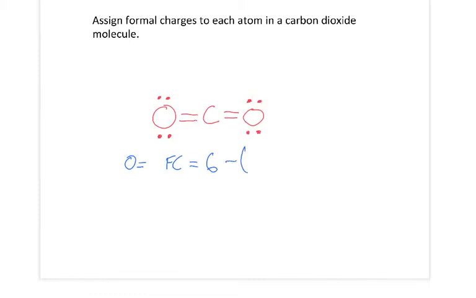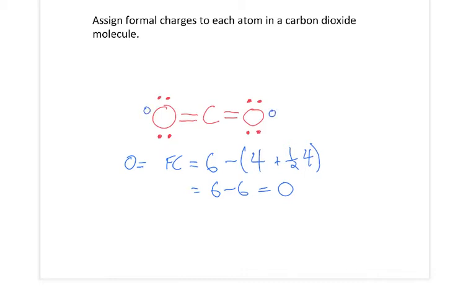So minus all the lone pairs. And then 1/2 of the bonding electrons. They each have 4 bonding electrons. So this comes out to be 6 minus 6 is equal to 0. So the formal charge on each of the oxygen atoms is 0.